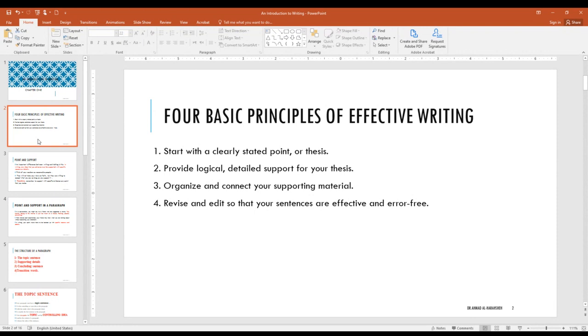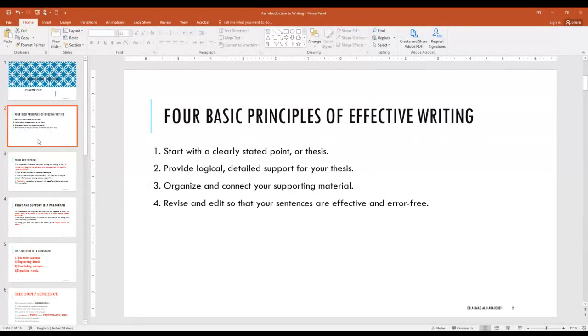But when your audience is the public, general people, you read the media. If you go to any newspaper nowadays, you will find so many essays, so many articles. These articles are presented for the public, for everyone. Anyone can read this article and understand it.